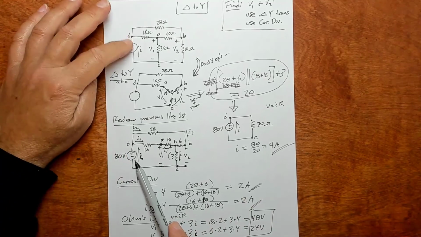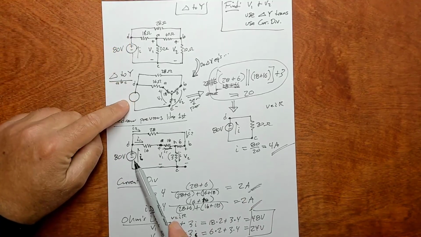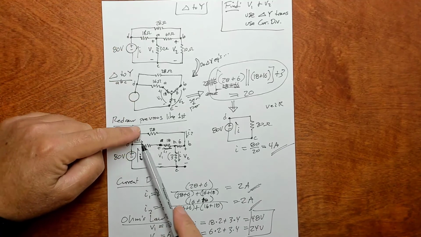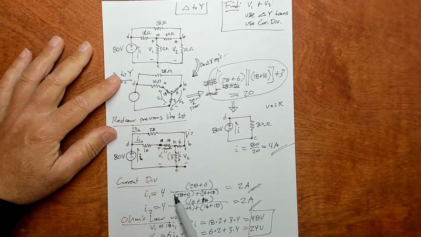But back on the original circuit, this I splits, and you can use this fancier form of current division to get those currents, and then you can find the individual drops across the resistors to find this.